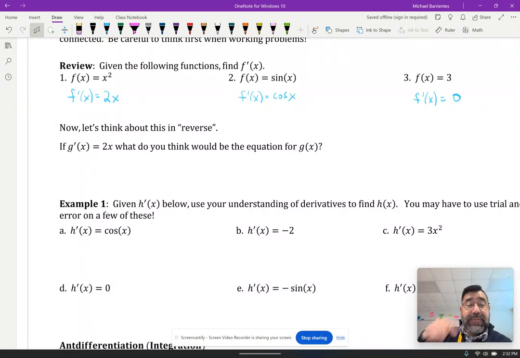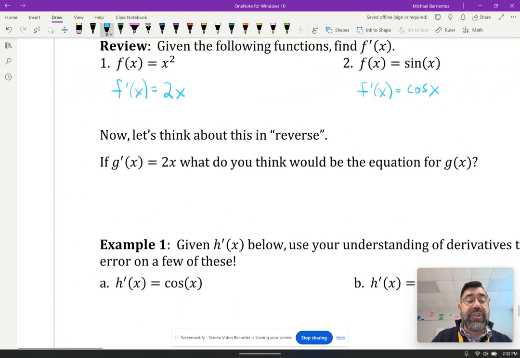But now let's think in reverse. So let's say g prime is equal to 2x. What would be a good equation for g of x? If g prime, the derivative of g, is 2x, then what would be a good equation for g of x? And if you look at number 1, that can help you gather a possible answer, because one possible answer could be that g of x is x squared.